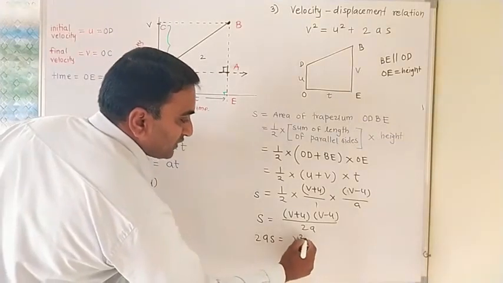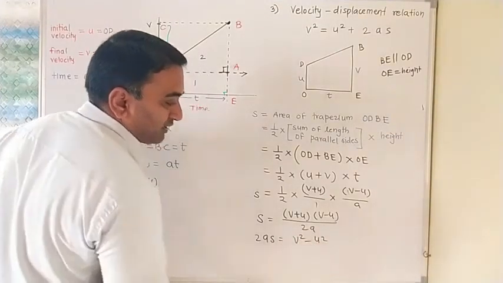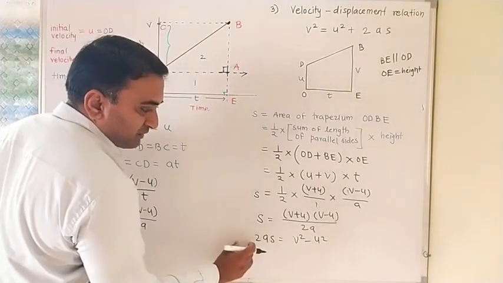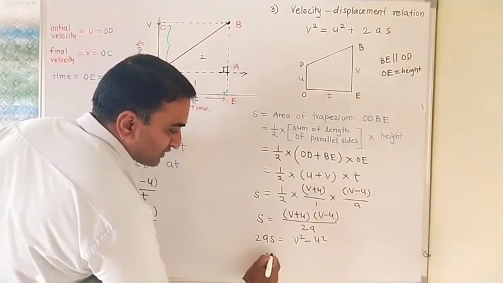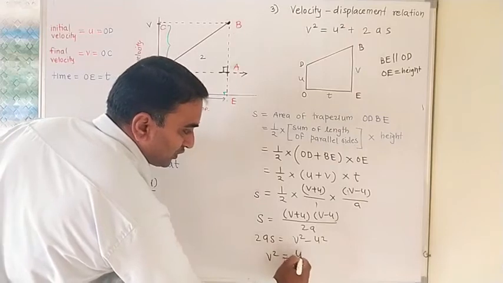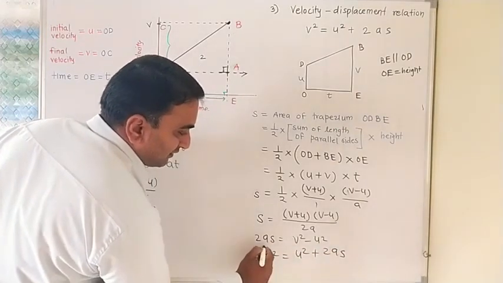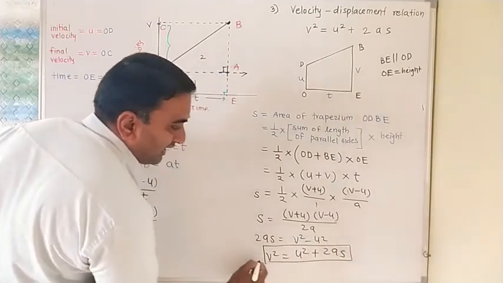So here V square minus U square. You want V square, so U square should be transferred this side for plus. So V square is equal to U square plus 2AS. That is the final equation we are getting.